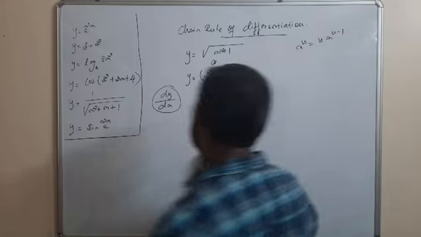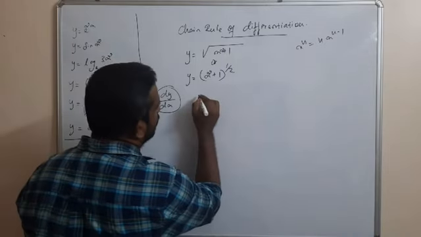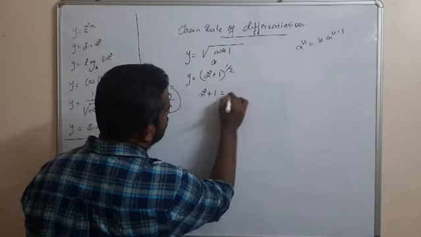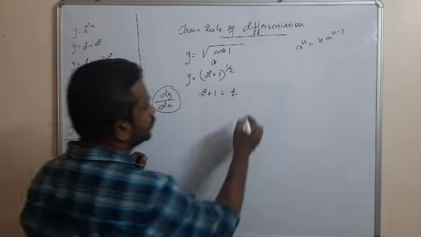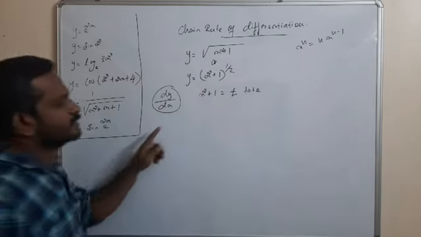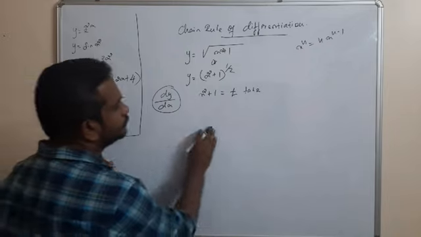So in such a situation what we will take is, consider, take t is equal to x square plus 1.